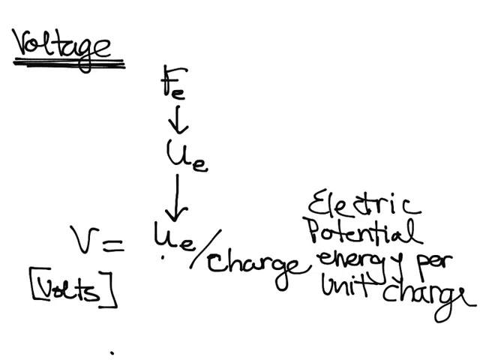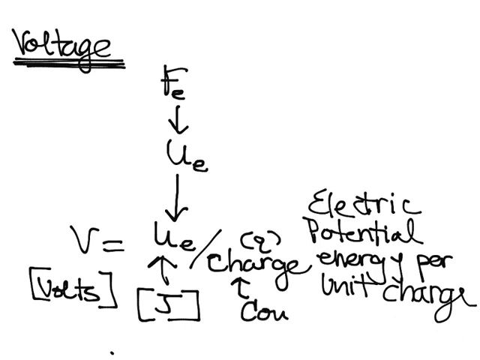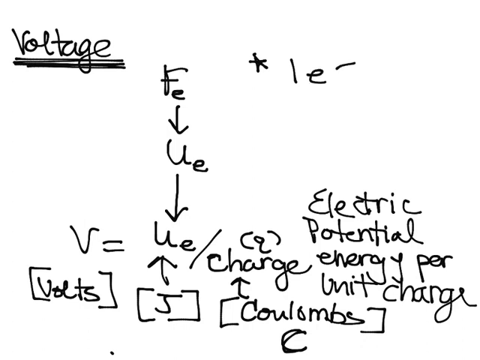The unit for potential energy, just like all energy, is J, joules, and for charge, the symbol is usually Q, and the unit is coulombs, abbreviated C. So when you see voltage on the side of a battery, all it means is electric potential energy per coulomb.